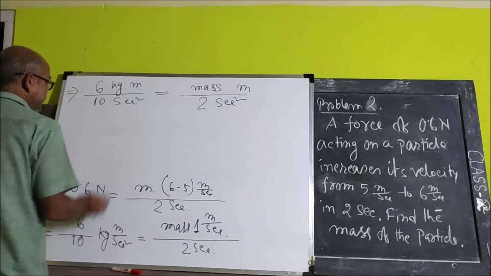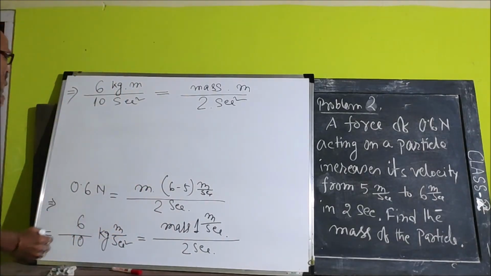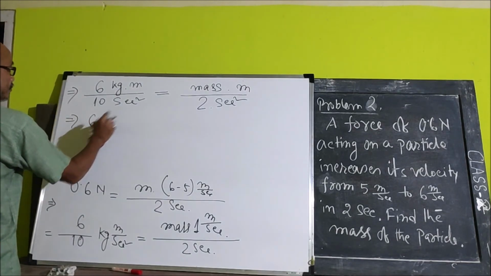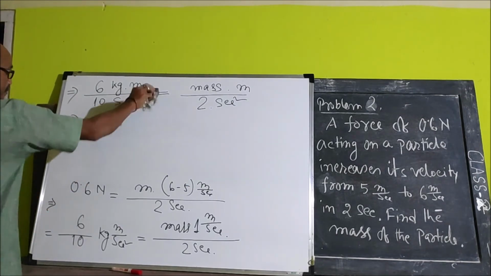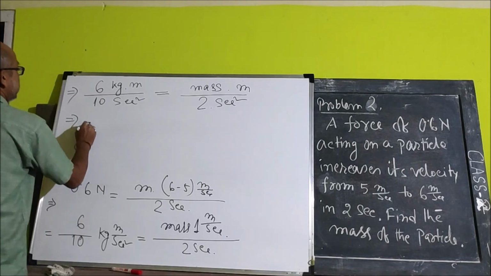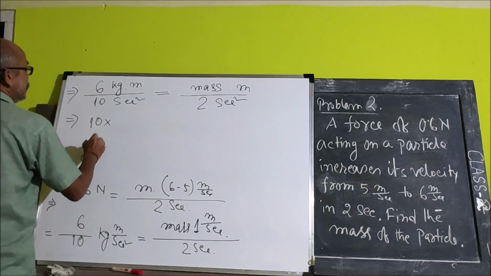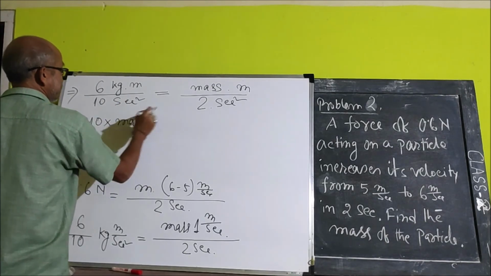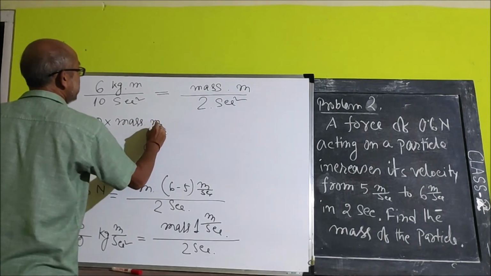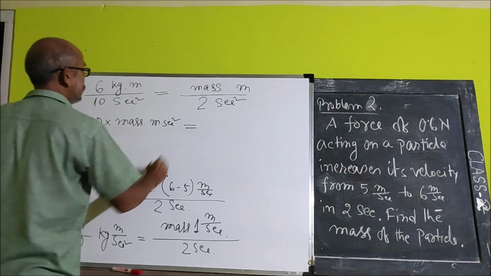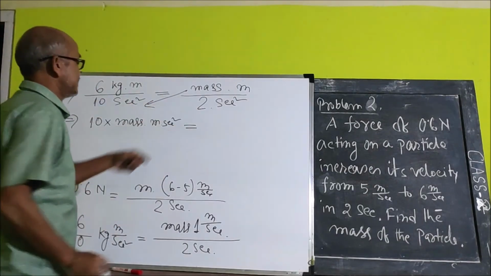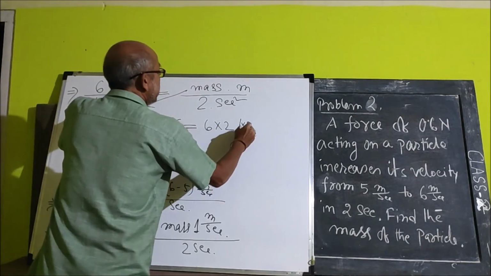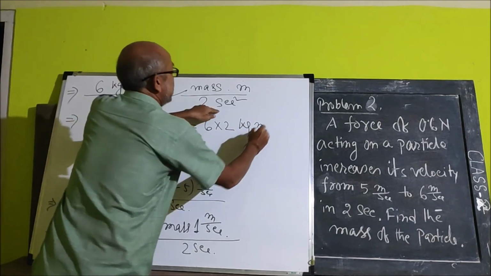Next line, cross multiplication. We have to find the mass. 10 into mass into meter second square equals 6 into 2 kg meter second square.